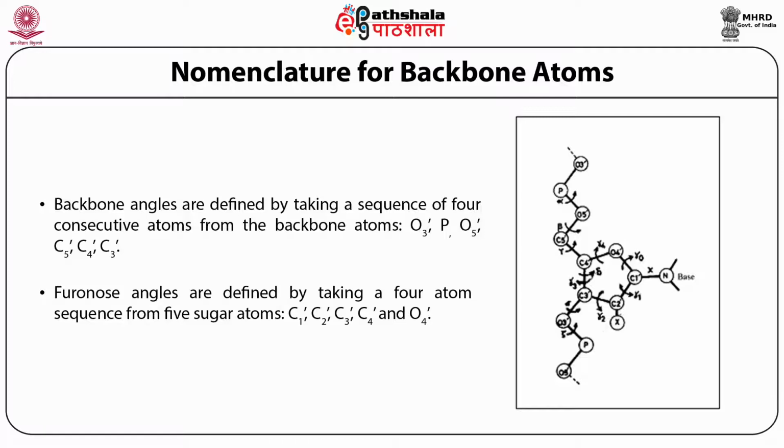Backbone angles are given: P-O5' is alpha, rotation around O5'-C5' is beta, rotation around C5'-C4' is gamma, C4'-C3' is delta, C3'-O3' is epsilon, and O3'-P as zeta. Whereas sugar angles are given as gamma 1, gamma 2, gamma 3, gamma 4, and gamma 0. These are described in the subsequent slides.